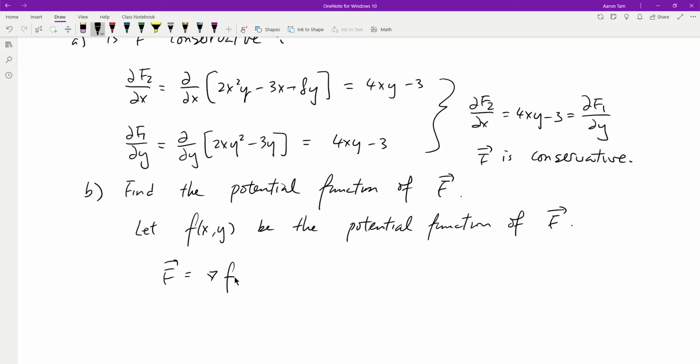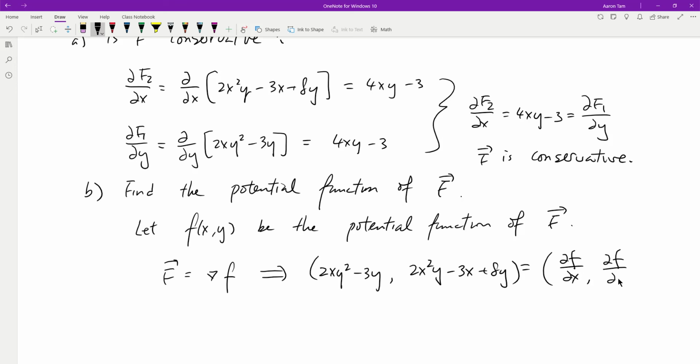If that's the case, then 2xy squared minus 3y, 2x squared y minus 3x plus 8y must equal df over dx, df over dy, because that's the gradient of f.